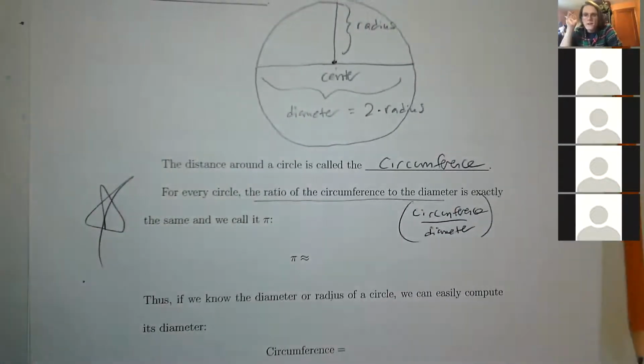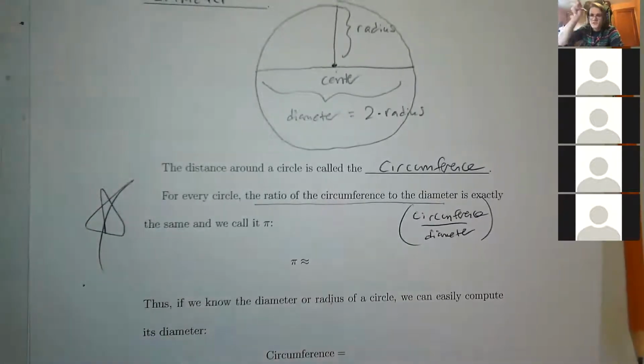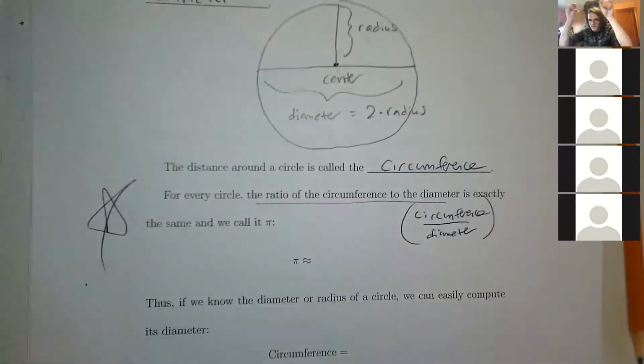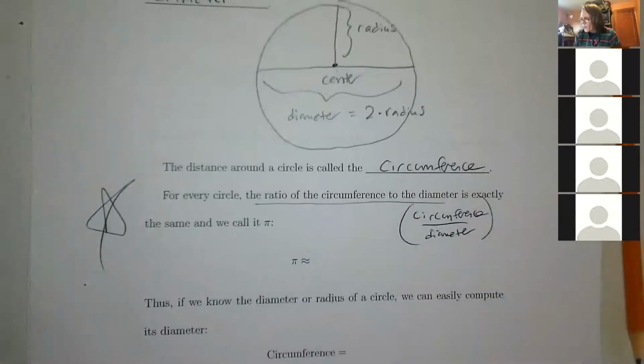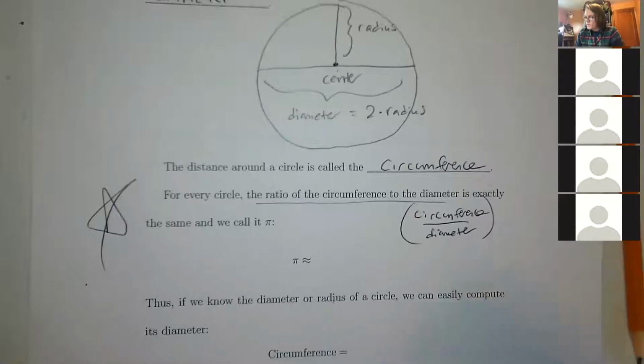So you take, again, whatever your circle is, and you can do this at home. Draw a circle with a string and 2 pencils, and then using another piece of string, measure what your circumference is, how far around your circle is. So just take the string, lay it around it and then measure it. And then divide that by the diameter, and you'll get something close to 3.14, which is pi.